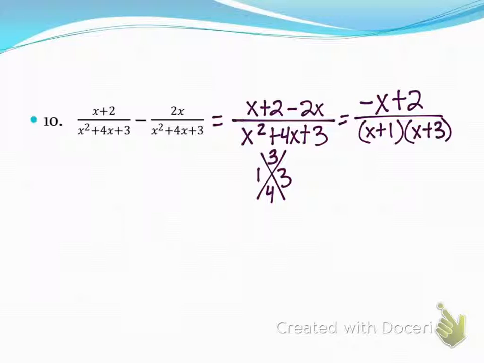That's good. Is there anything that's going to cancel out or reduce here? No. This negative x plus 2 is a binomial. Does not match any of my other binomials in the bottom. So we're going to leave it the same. Questions, concerns?